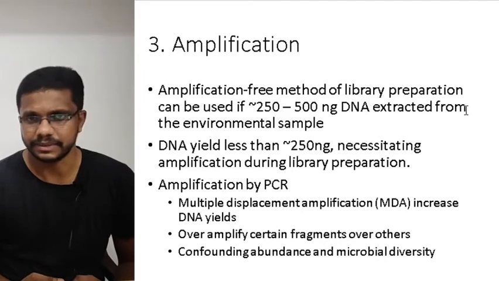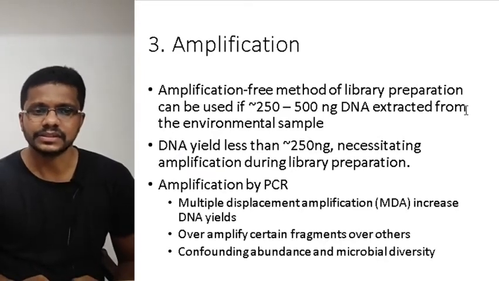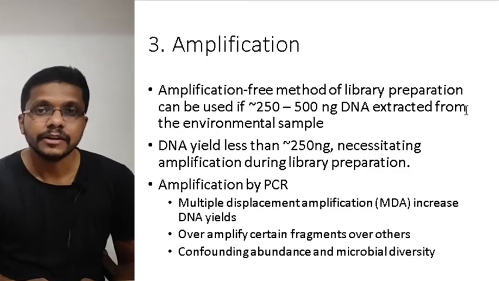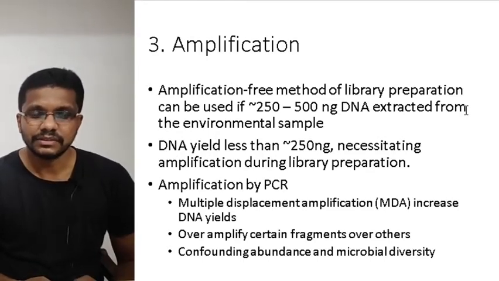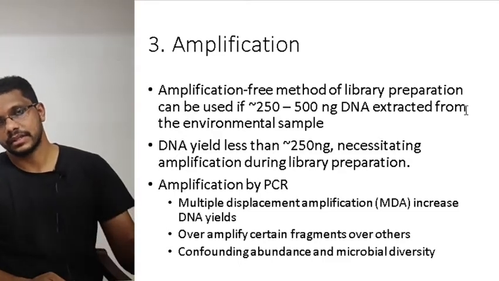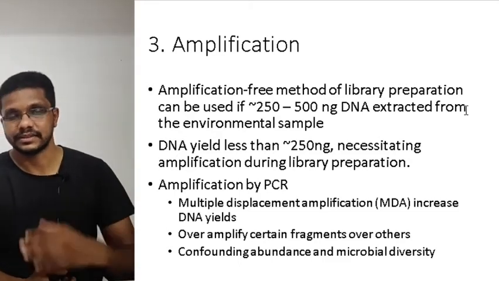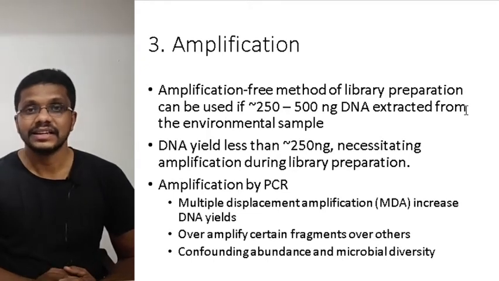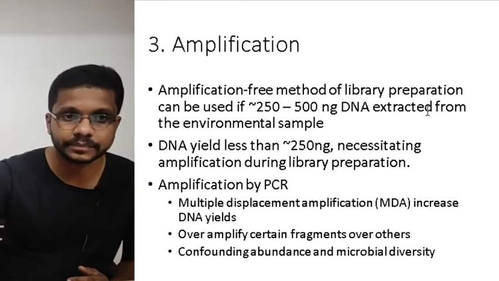Amplification can be done using PCR or a special technique called multiple displacement amplification, MDA. When we do PCR amplification, some of the components will get amplified more than others, which may lead to a bias in the metagenomic library.